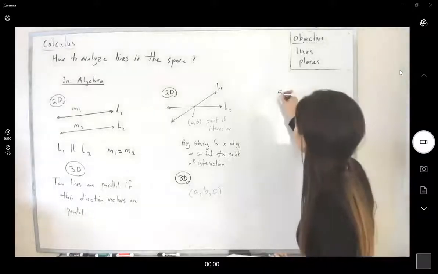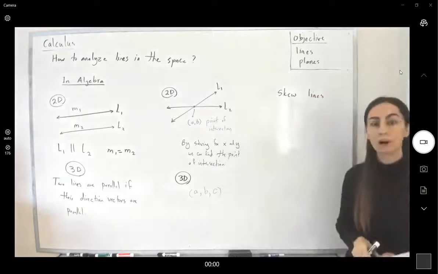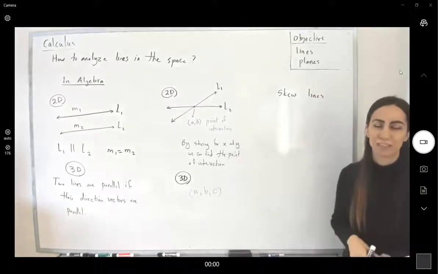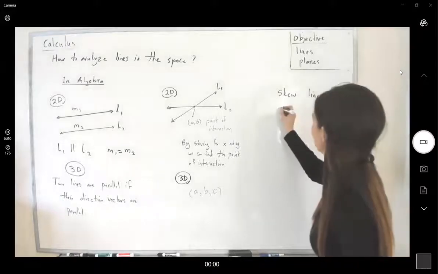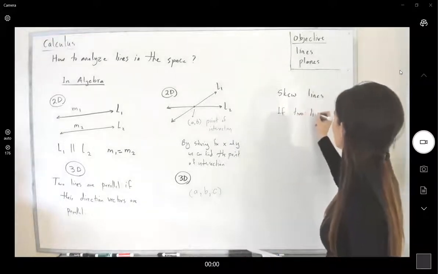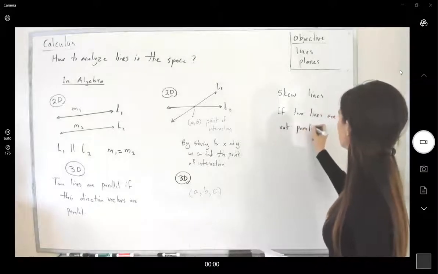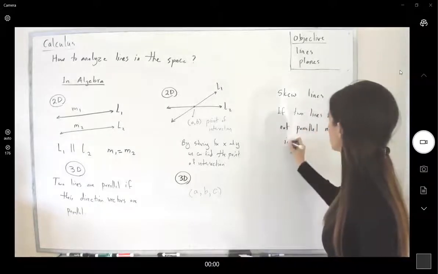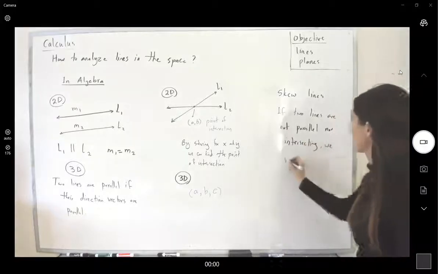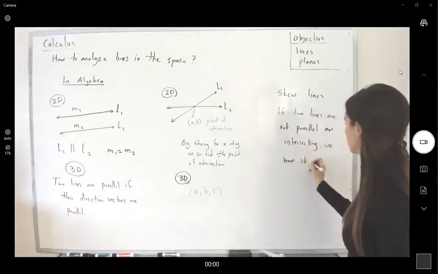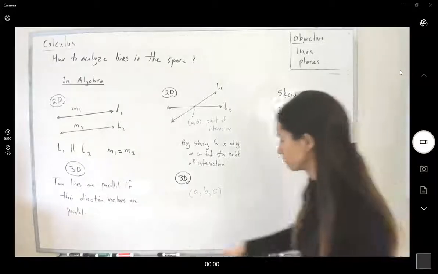So now in 3D, we are talking about another relation between two lines. We call them skew lines. If two lines are not parallel to each other and they are not intersecting, then we call them skew lines. How do we visualize them?